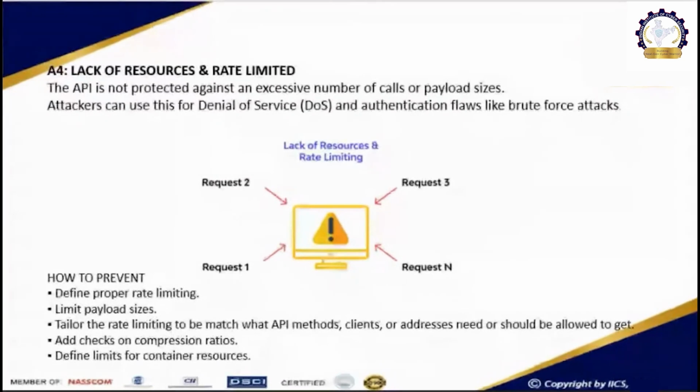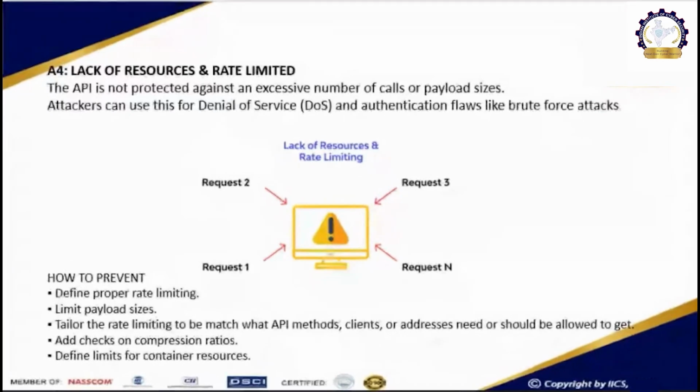Next thing we have here is lack of resources and rate limiting. If a web application is not able to limit the rate, meaning how many API calls can be made, then it's open to brute force attacks and clearly DoS attacks.